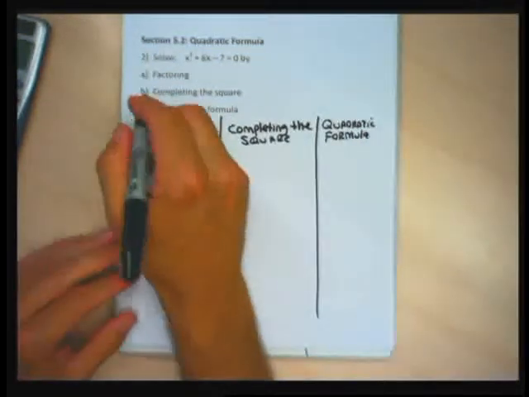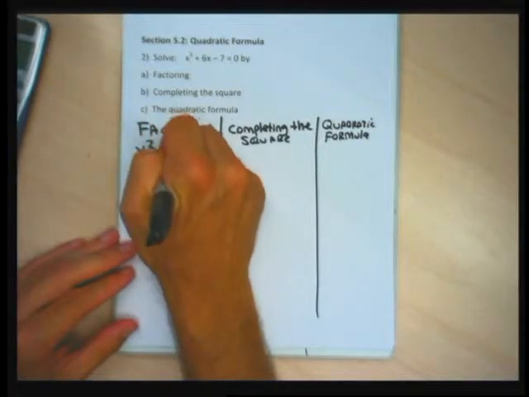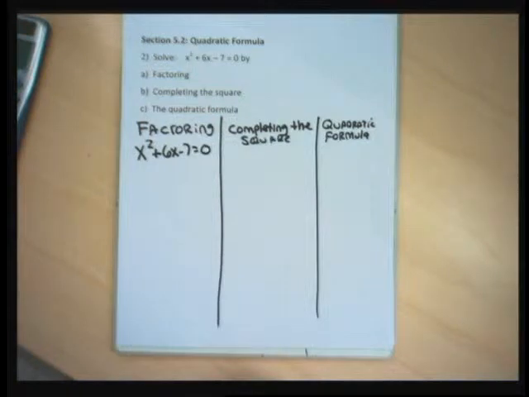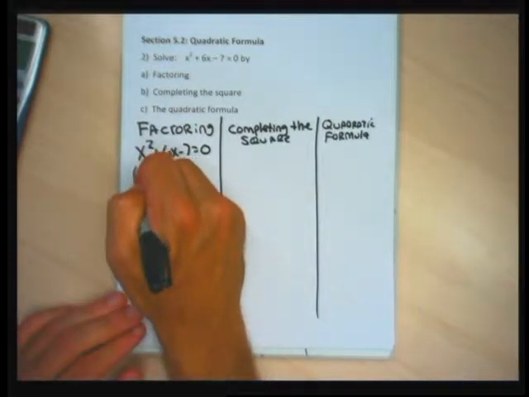So if this problem was in section 1.5, which you may or may not have done, when you have a problem that has a square that's set equal to 0, if it's factorable, factoring is a quick and easy way to get to an answer. So this problem, it's easy even to factor it.